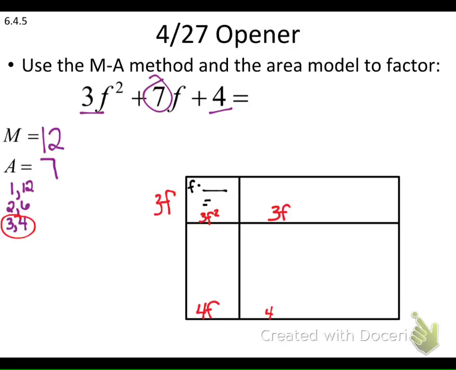I'm glad you guys caught that. All right, so I have a 3F here, I have 2 F's here. How many more F's do I need? 1, right?